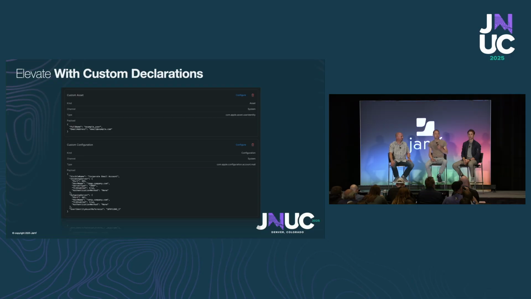Because one picture is worth 1,000 words, you can have a look at this screenshot, where an admin is configuring a user identity asset as well as an email account configuration. Yeah, we don't have those available yet. You can also witness some baby steps of variable substitution within these components and the ability to link the declarations together. This feature is just undergoing a private beta and should be available to all of you shortly.